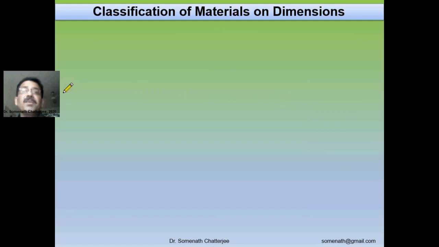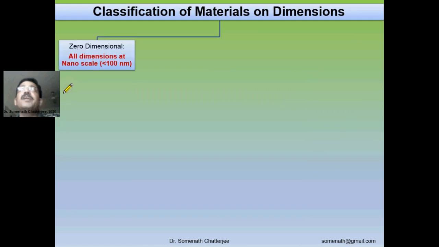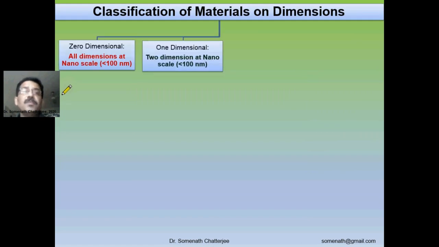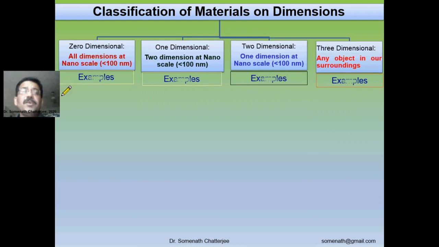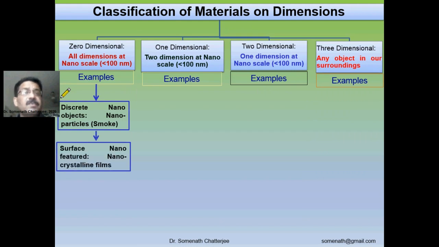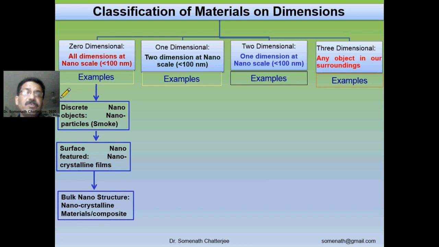Next is the classification of materials dimension wise. One is zero dimension, another is one, two and three dimensions, where three is basically the bulk one. I categorized this into discrete nano objects, surface nanofeatured, and bulk nanostructure.